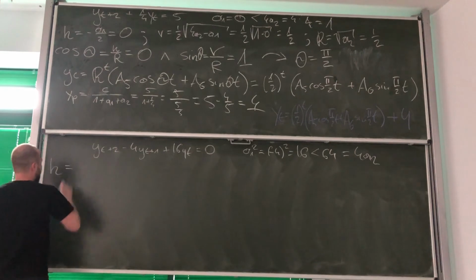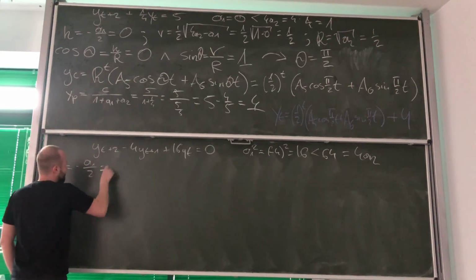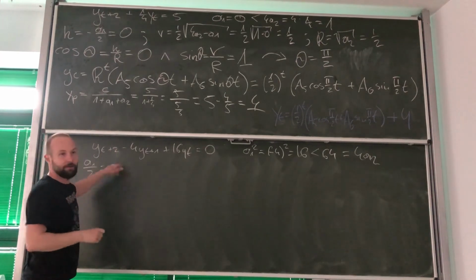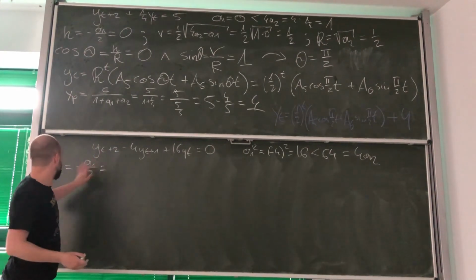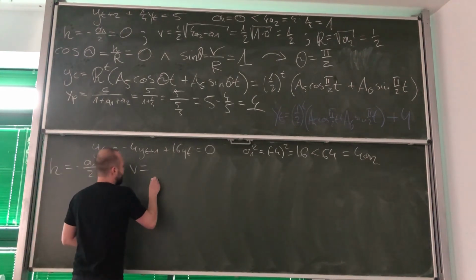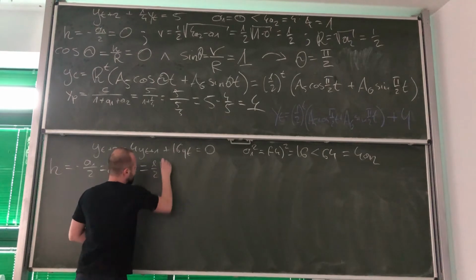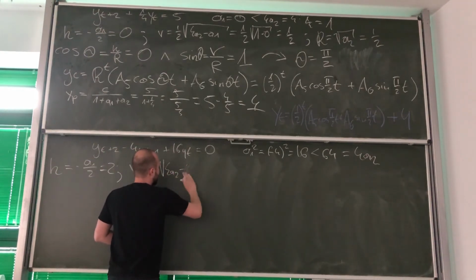So we start by finding h. H, of course, negative a1 over 2 gives us 4 over 2, right? Because a1 is minus 4. So 4 over 2, we've got 2. Then we've got v equal to 1 over 2 square root of 4a2 minus a1 squared.